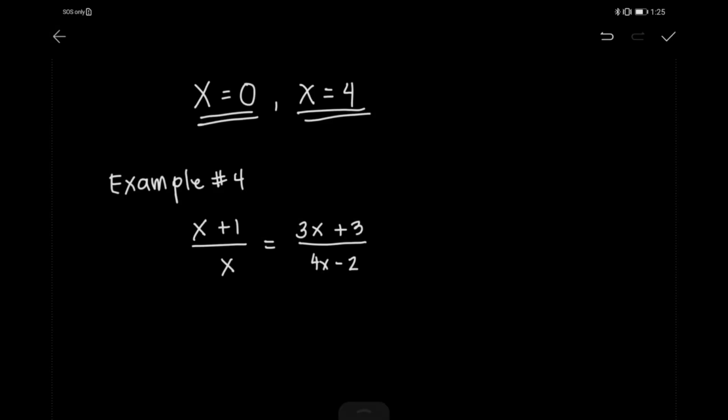Okay, so let us have example number 4. We have another single rational expression equal to a single rational expression, so we use cross multiplication.